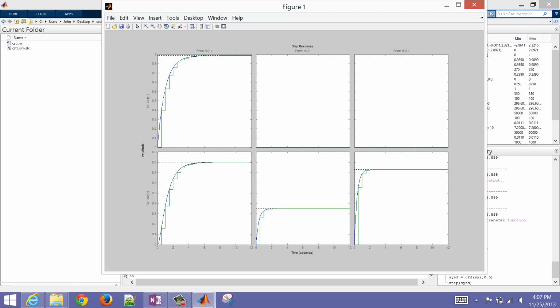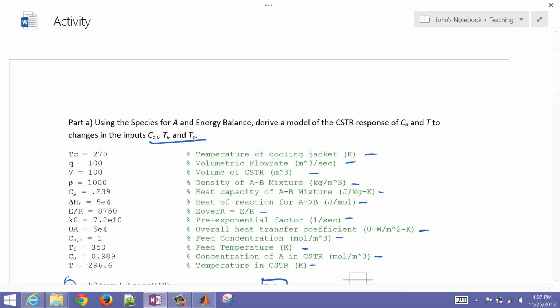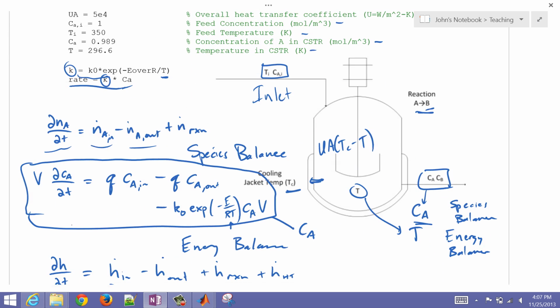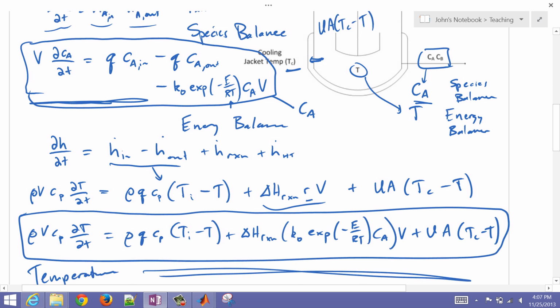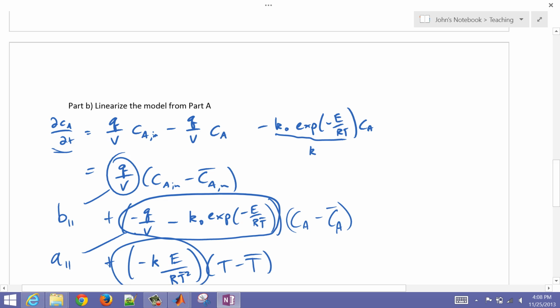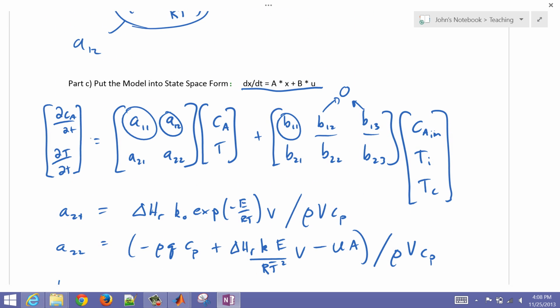So let me go back to the exercise here. What we can give is kind of an overview of what we just did. We took a CSTR model. We derived a species balance and also an energy balance. The energy balance is right here. And then we linearized those expressions and then put them into state space form.